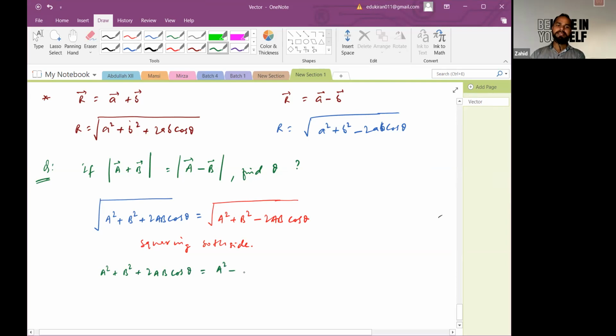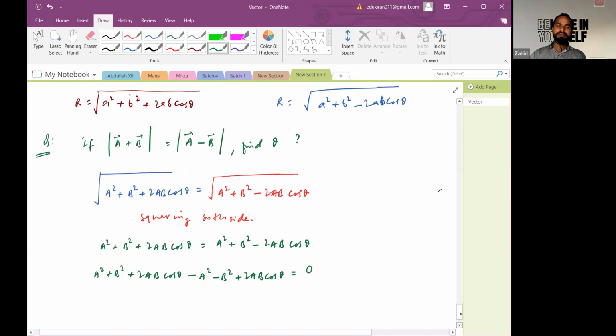And on right hand side, it will be A square plus B square minus 2AB cos theta. Now move each term to left hand side. You will get A square plus B square plus 2AB cos theta minus A square minus B square plus 2AB cos theta, and on right hand side you will get just 0.